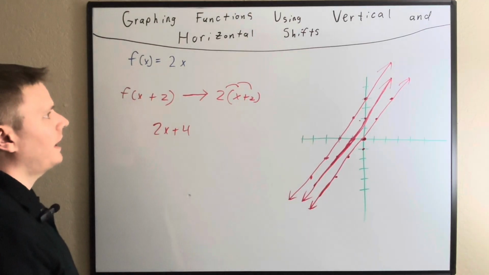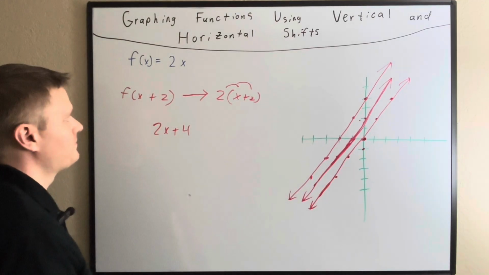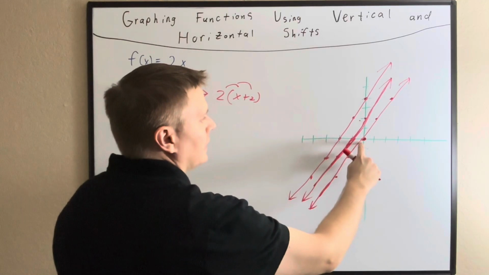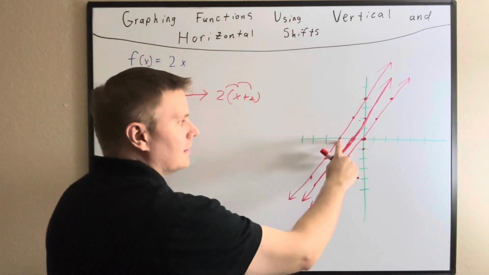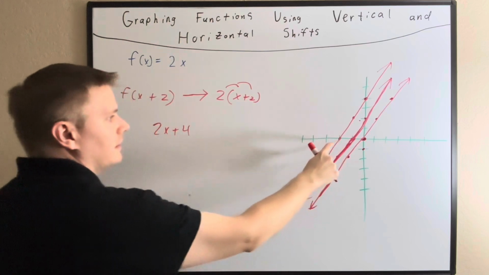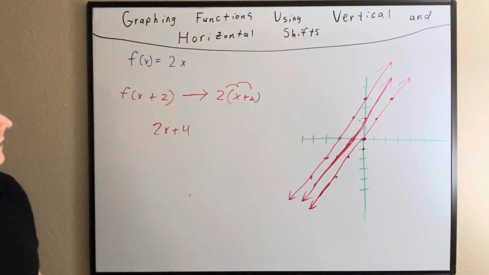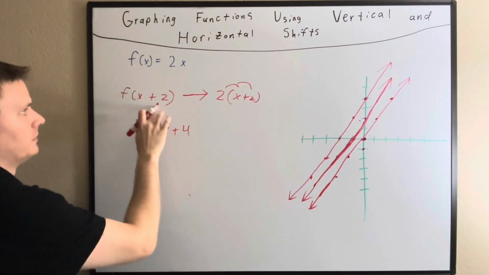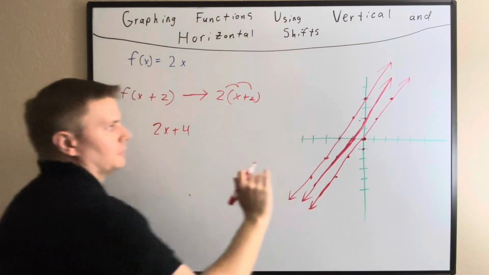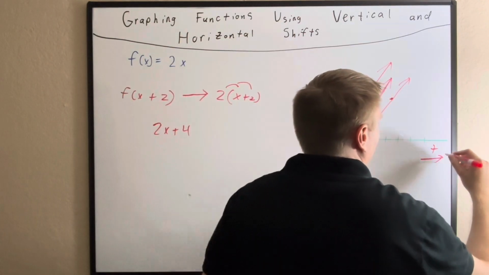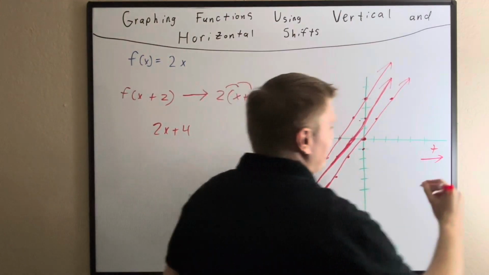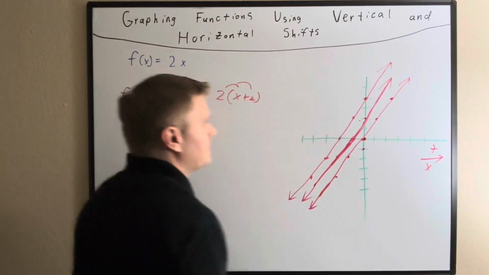Like, wait a minute, how is that a horizontal shift? We shifted to the left 2 spots. You see that? When we added 2, shouldn't we shift to the right? Because right is the positive way, right? No, it is not. Well, yes, it is the positive direction.